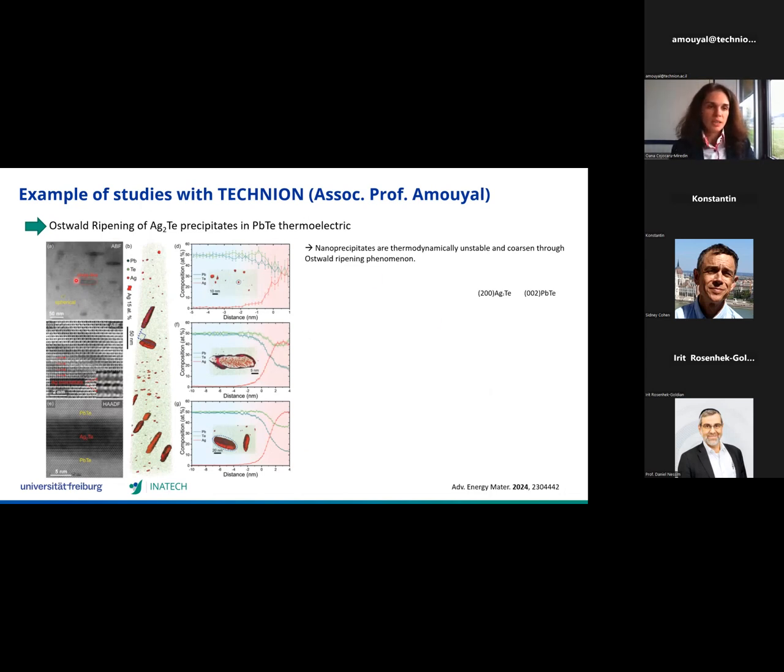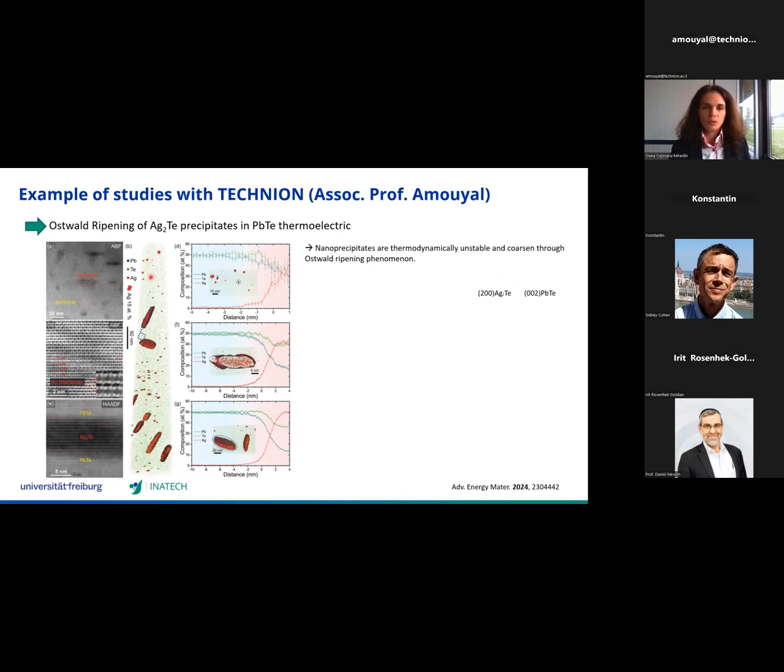And with the TEM again, we see a big zoo of defects, from very small, very spherical ones, to plate-like defects, precipitates, to even very huge precipitates. And these precipitates could also be identified with the atom probe.